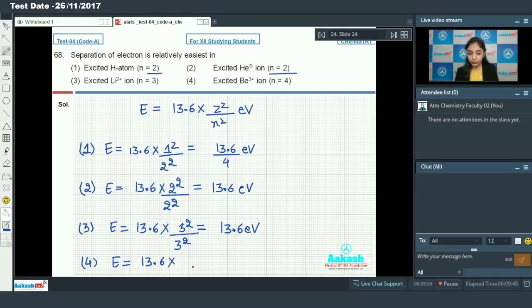For beryllium, Z is equal to 4 and N we have been given is equal to 4. In this case also the separation energy is 13.6 electron volt. So the lowest separation energy is for the excited hydrogen atom, so the separation of the electron will be easiest there. So option number 1 is the correct answer.